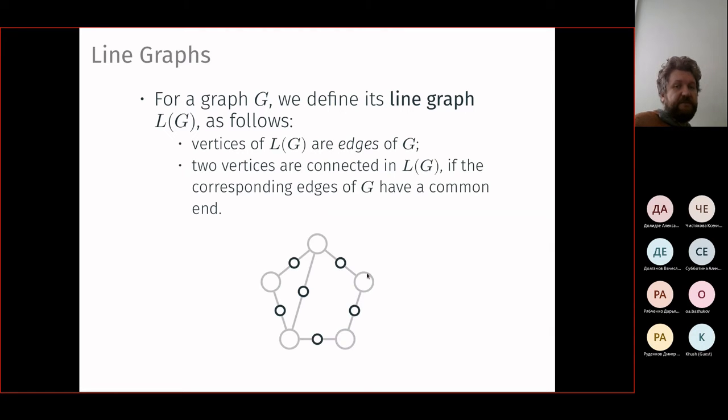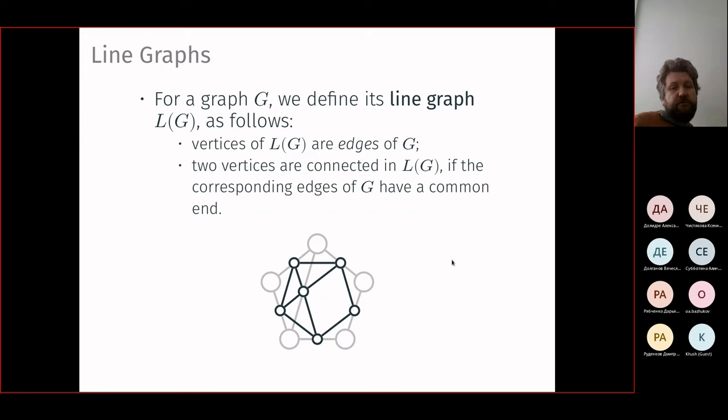This is the original graph. Then you take its edges as new vertices, and then you connect the edges which have a common vertex. But I think something is missing here. Maybe not. So yeah, these two are connected. These are connected. Here have been connected, right? Okay, probably it's correct, but maybe there could be a misprint here.